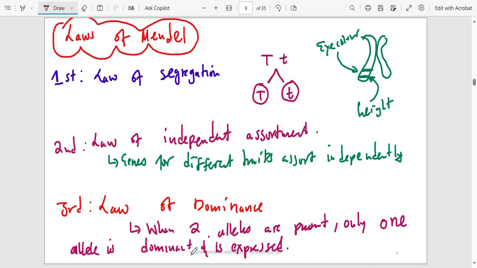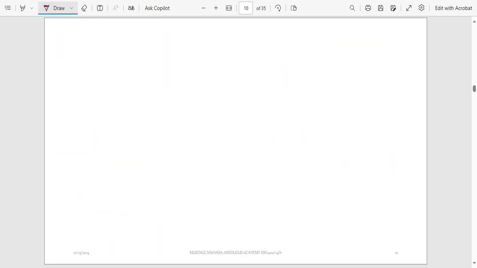Let's just do some crosses before we finish today's class. So we can give an example.